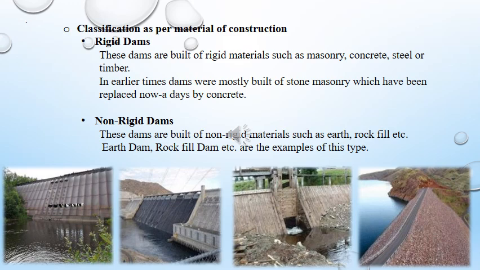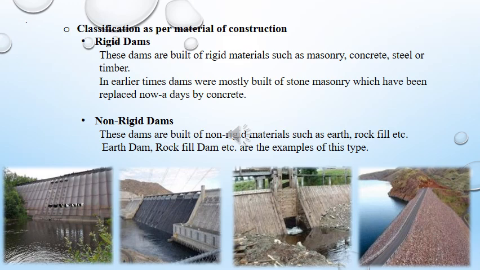The classification on the basis of construction material. Depending upon the type of materials of construction, dams are classified as rigid dams and non-rigid dams. The first is the rigid dam.